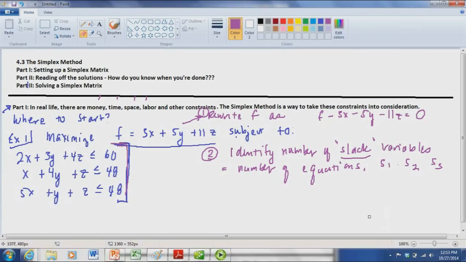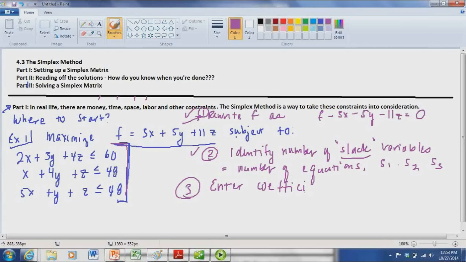S1, S2, and S3. Okay, so we rewrote f. First thing we did, we identified the number of slack variables. We have 3 of them. And then you write the coefficients. So you enter your coefficients only.